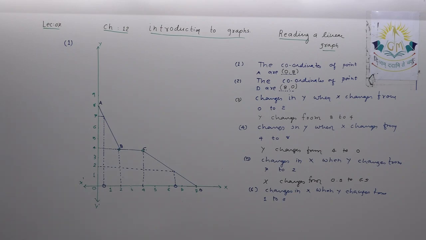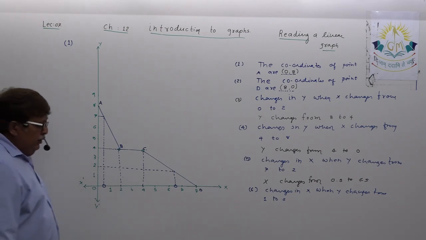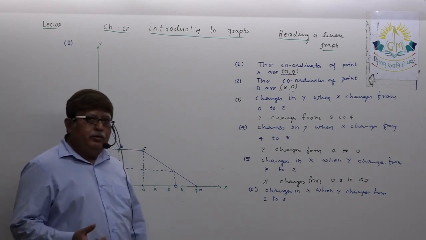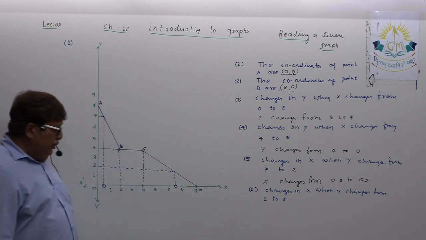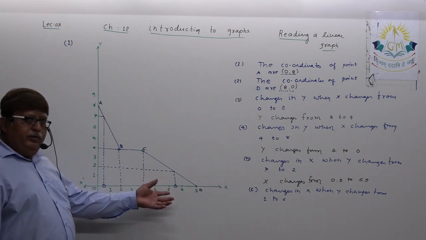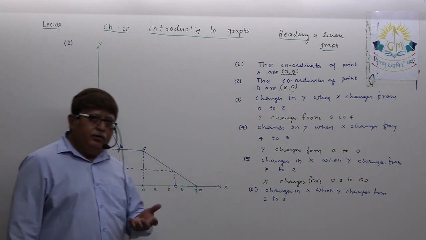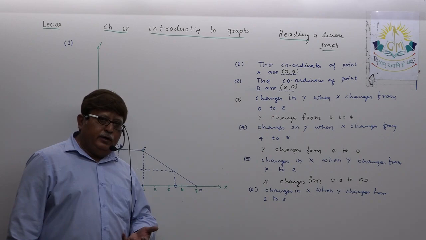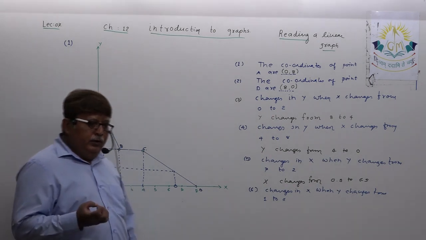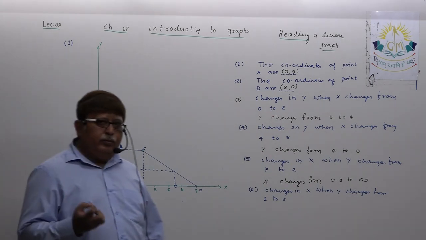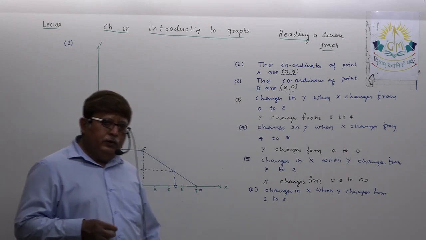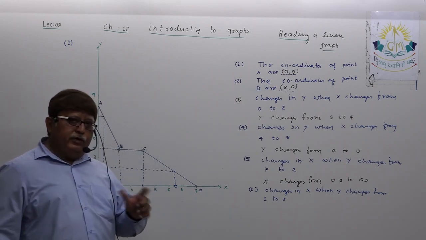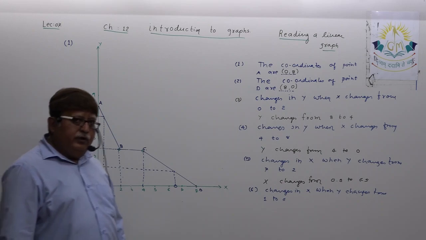My answer sometimes may differ a little bit from yours, because you may have some minor variation, since you have exact graph paper in front of you on which you are precisely drawing each and every line.